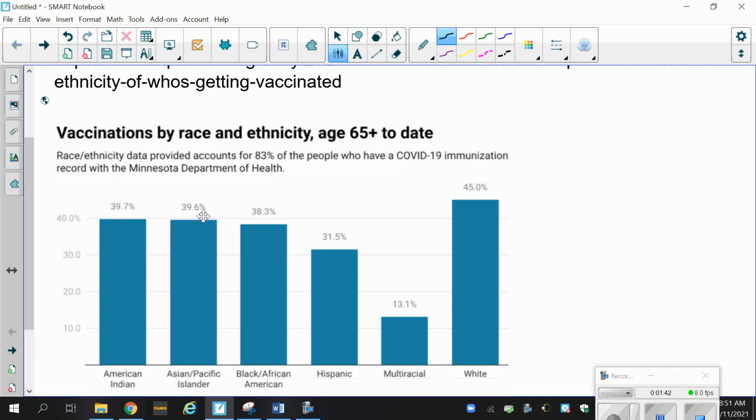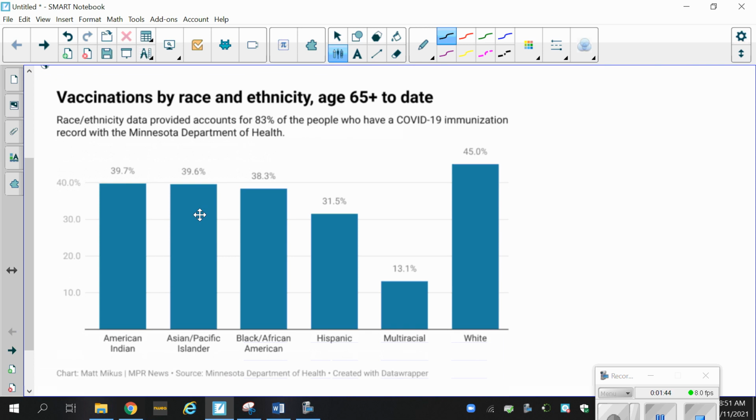But at any rate, we can see these are the proportions of people who are 65 or older within each of these races who have received the vaccine. And I think this is just at least the first vaccine. Might have to look at that. But at any rate, this is the data we can use for today.